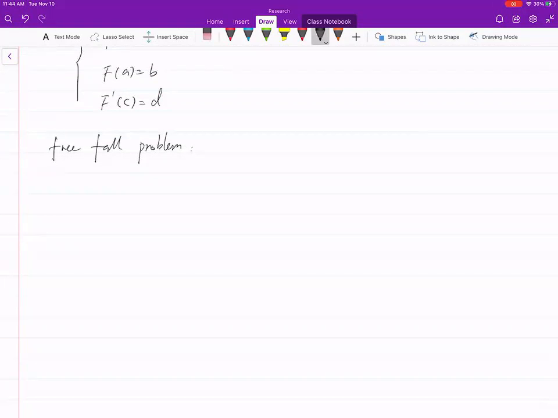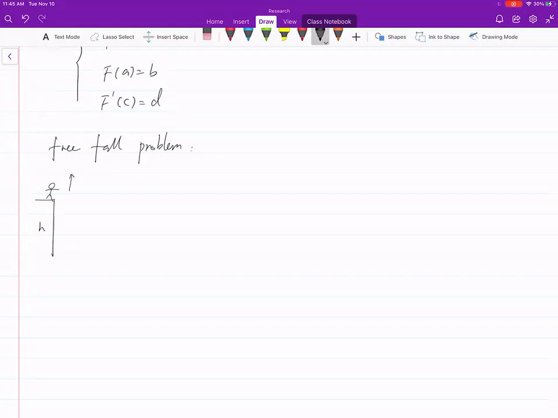What you have here is some guy standing at the top of a building or something. This is h. What he does is he throws a rock, and then the rock is going to fall. Good so far? Do you remember the formula?